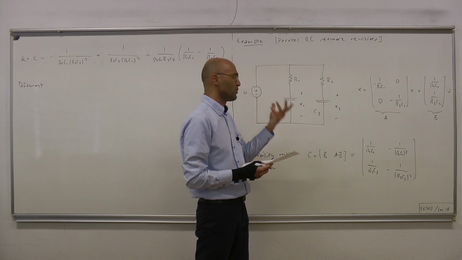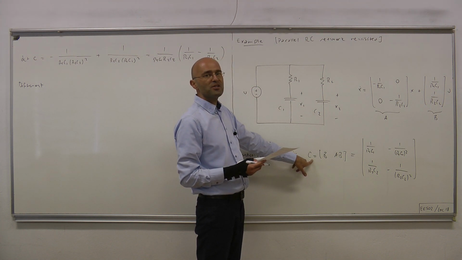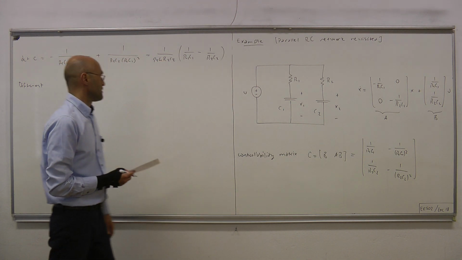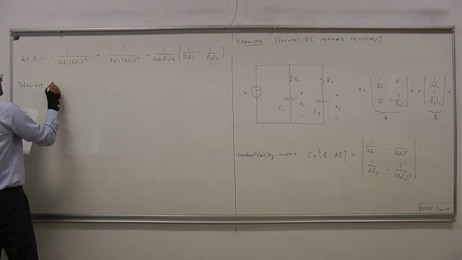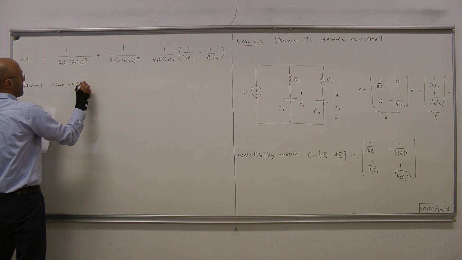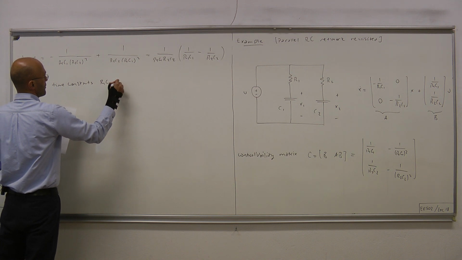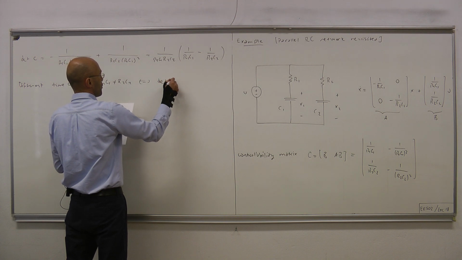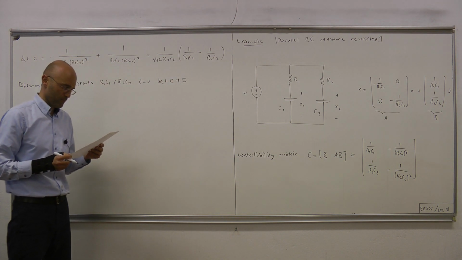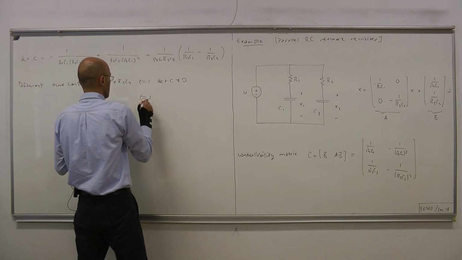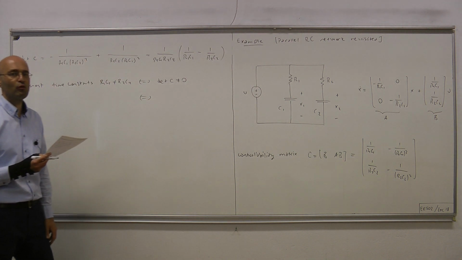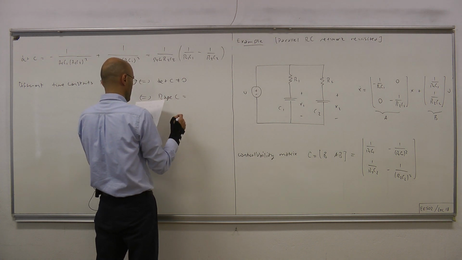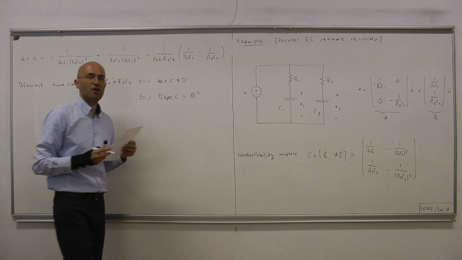If that's a full rank or non-singular matrix, that means its range space is the entire space, which is R2 in this case. So different time constants, R1 C1 different than R2 C2, implies that the determinant of C is non-zero. And that in turn implies that C is full rank, or the range space of C is the entire state space, which is R2.